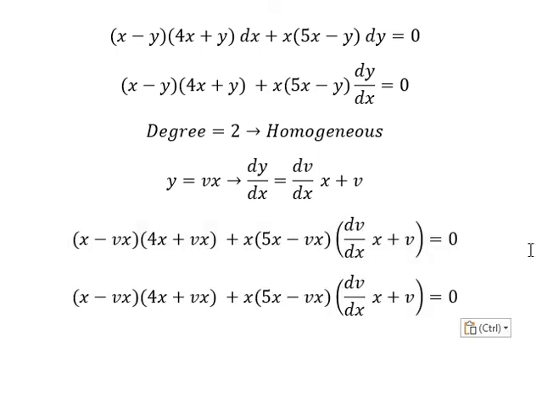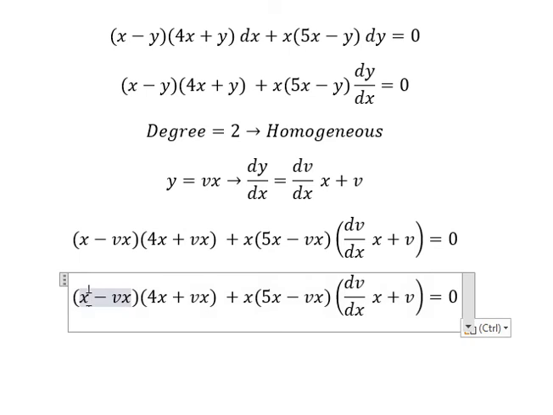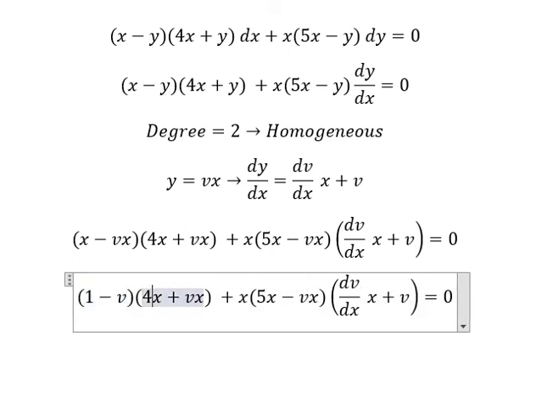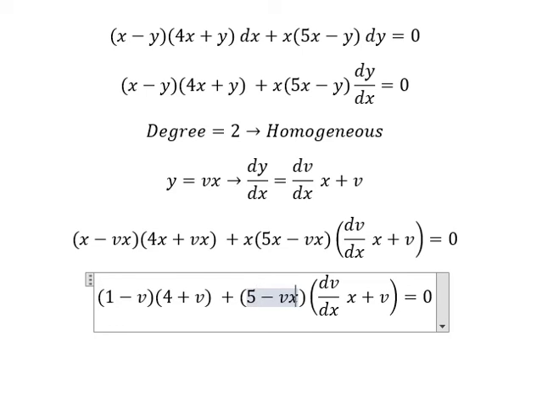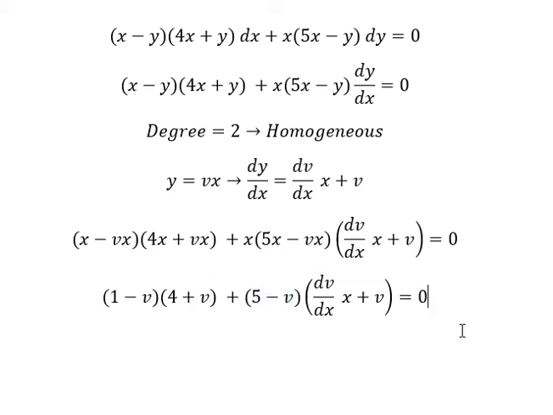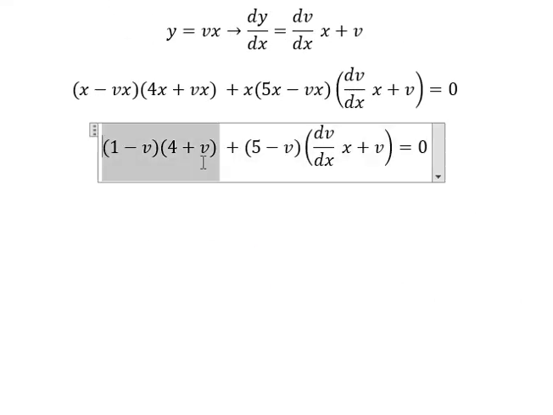Next, we simplify s for both sides. Next, I will put this one go to the right, and we divide both sides by this one.